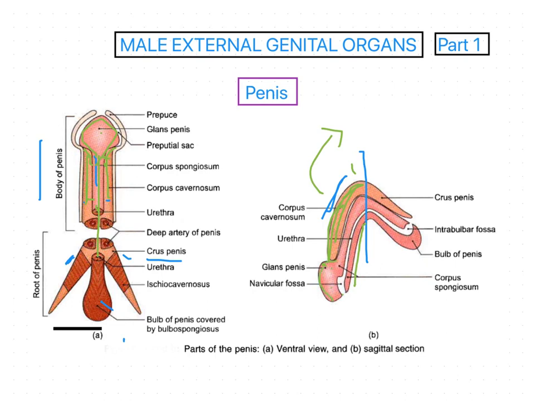Again, we will see the corpus spongiosum. It is a cylindrical structure placed mid-ventrally in the groove between two corpora cavernosa in the body of the penis. It conducts the spongy part of the urethra. Anteriorly, it enlarges into a conical cap directed backwards, called the glans penis, which is the most sensitive part of the penis.